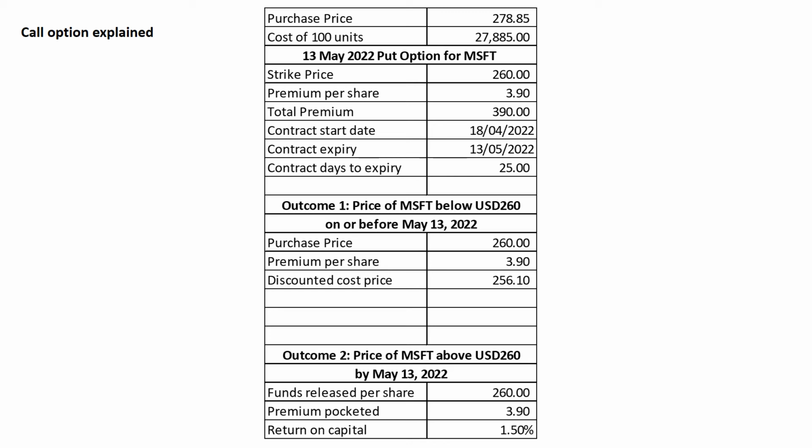If that happens, the options contract will be worthless, it will expire, and you still get to keep your $390 premium that was paid to you and the $260 that you set aside for buying the shares if it had been assigned, which means that within that 25-day period, you're making a return of 1.5%. Again, that's not a bad amount to make for just 25 days of investment.